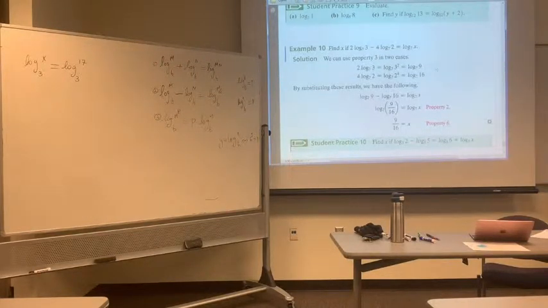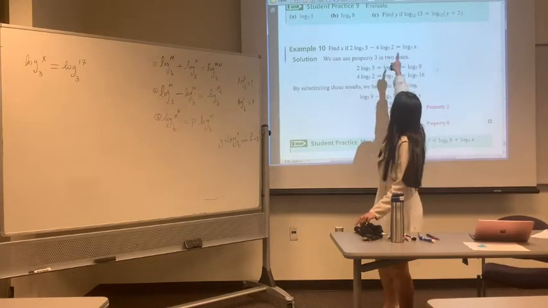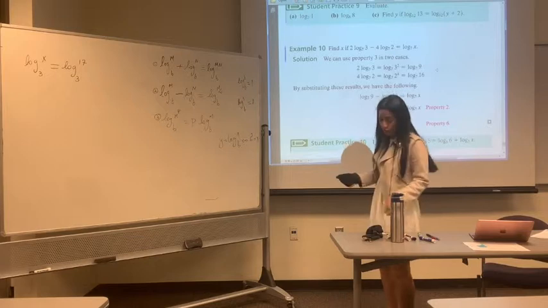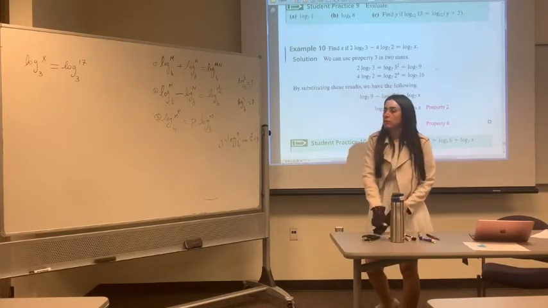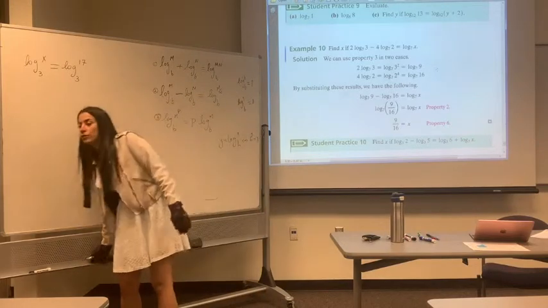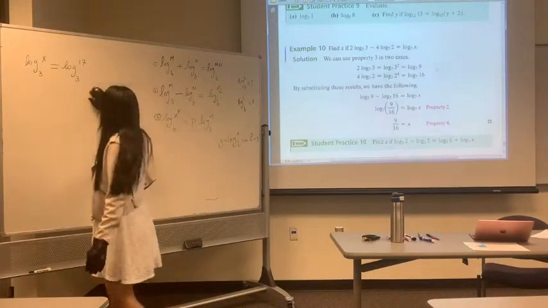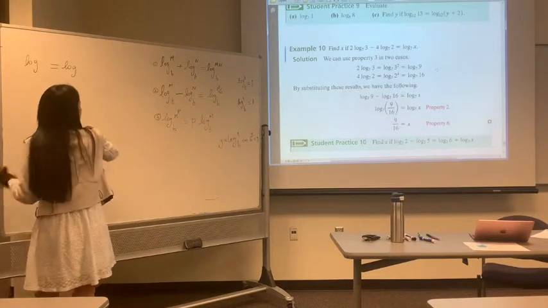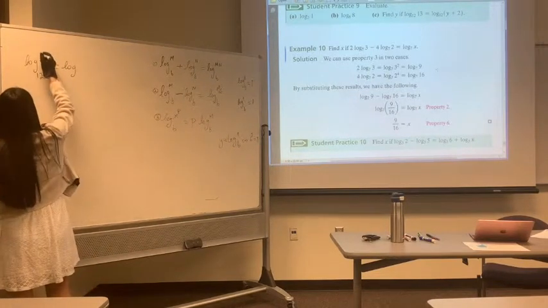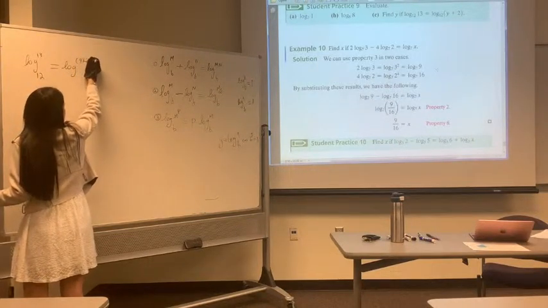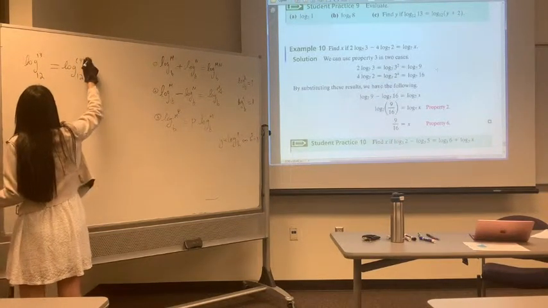It says, I want to solve this one. Log 13 base 12 equal to log of y plus 2 base 12. So we want to solve for y. The base is 12. In here 13, in here y plus 2.